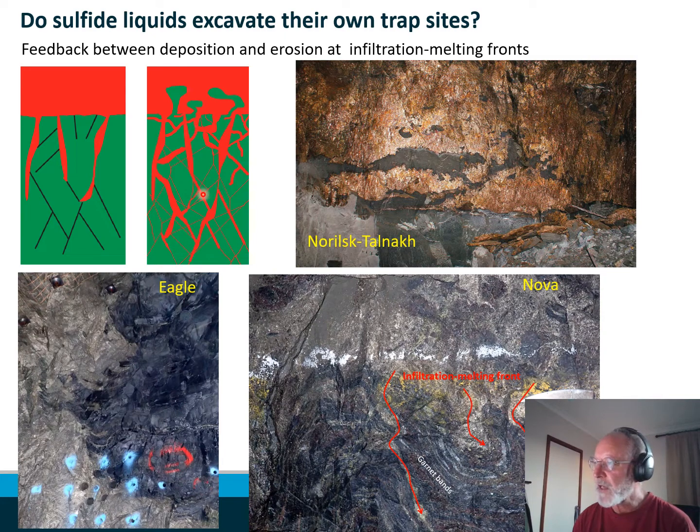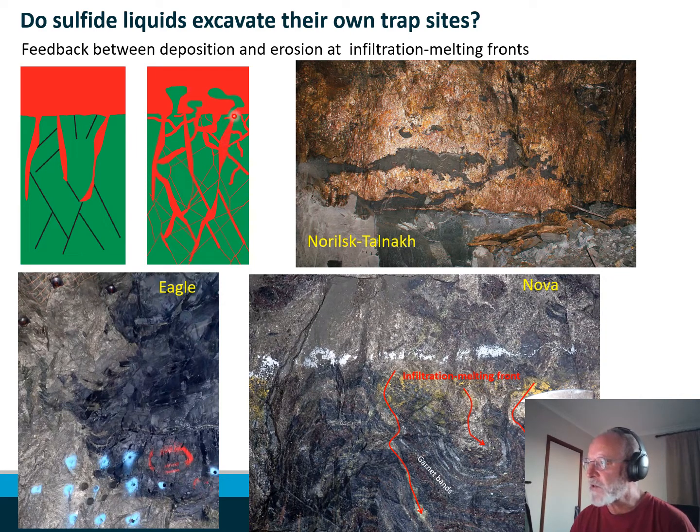So in this case, you could actually be generating a breccia which is basically a monogenetic breccia. It's made entirely of country rock fragments, but it's made by fragmentation of intersecting sulfide veins.